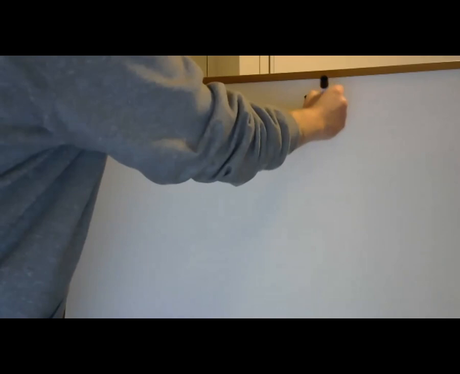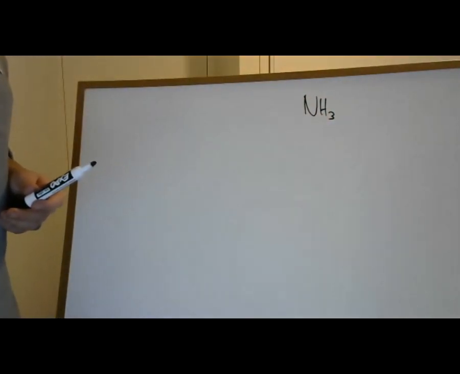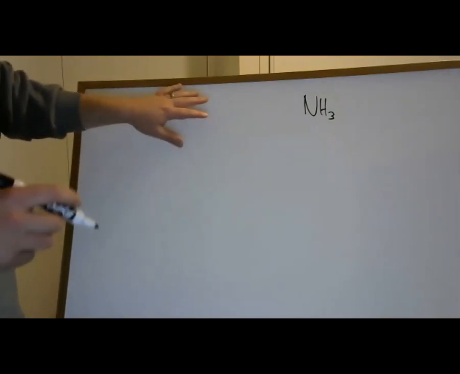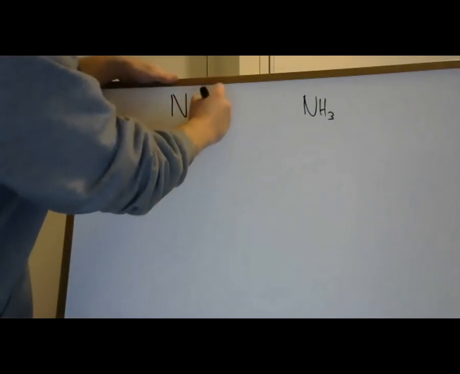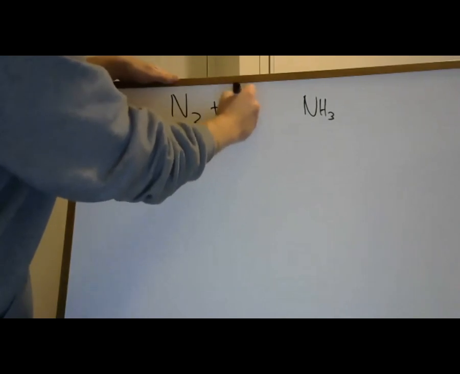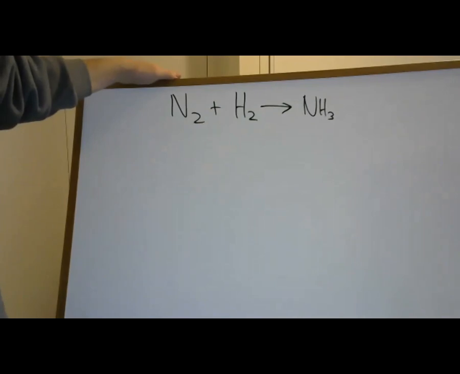So the question is the industrial synthesis of ammonia. Ammonia is NH3. N2 and H2 react to form NH3.